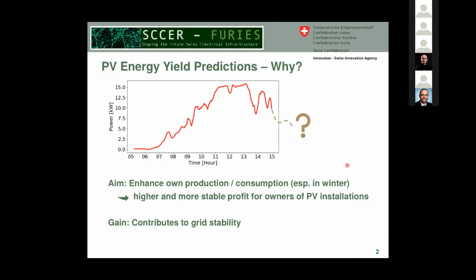And last but not least, it can also give contributions to grid stability if we know what renewable energies yield in the next hours or days.